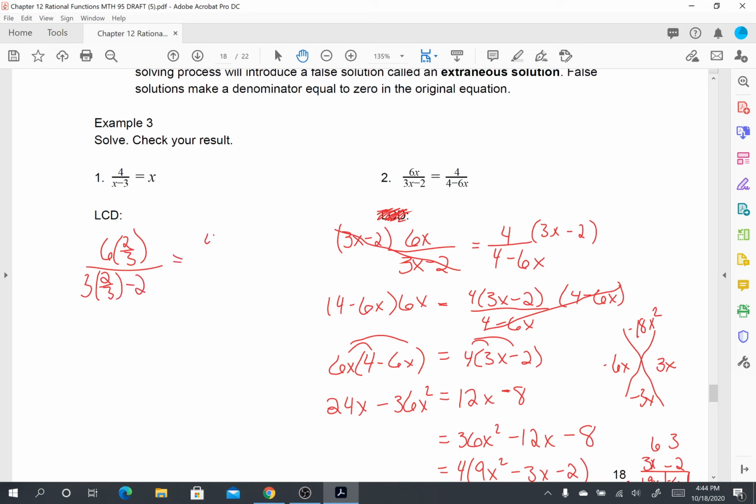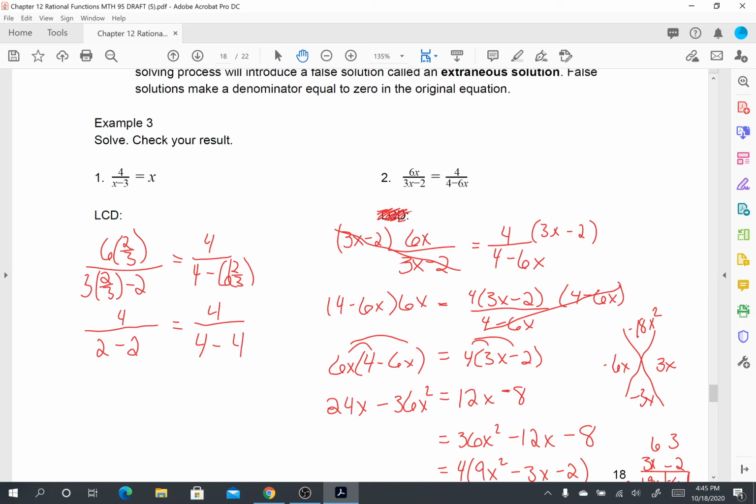Does that equal 4 over 4 minus 6 times 2/3? I don't know. The numerator of this one will be 12 over 3 or 4. And this will be 6 divided by 3, which is 2 minus 2. Oh, that's a problem. And this one will be 4 over 4 minus 12.